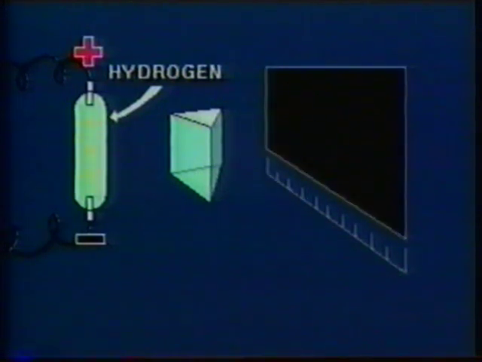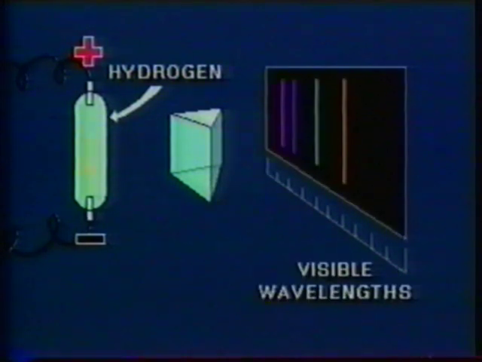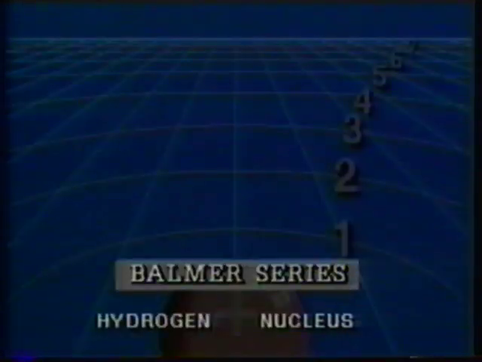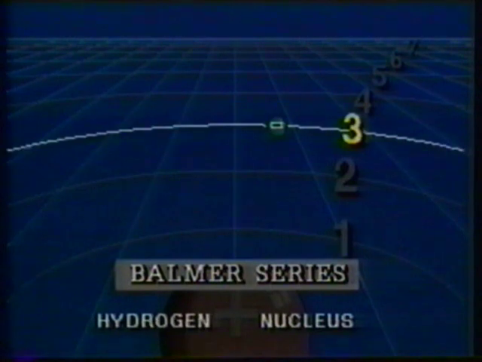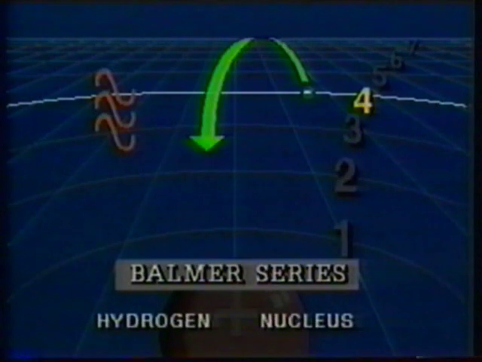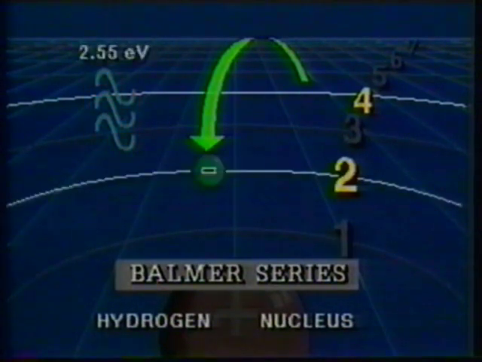Bohr proposed that each emission line in a hydrogen spectrum corresponds to the energy difference between two specific permissible orbits. The Balmer series is produced as electrons drop from orbit n equals 3 to n equals 2, n equals 4 to n equals 2, and so on.